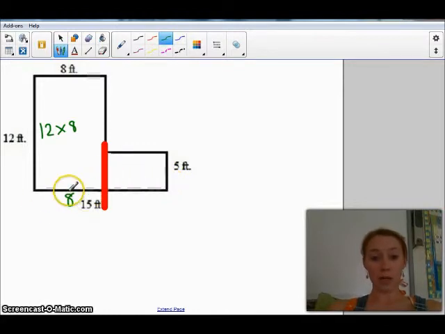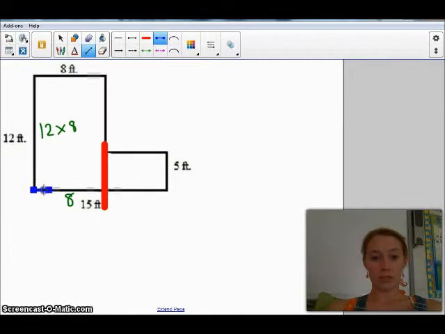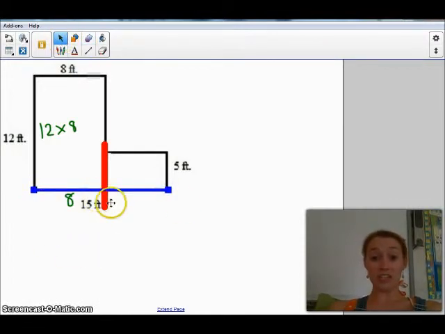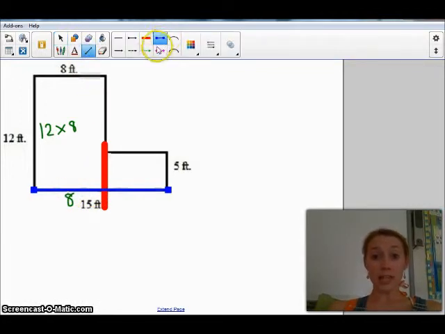And I know this part of this line, this big line, see this big line right here? Let's color that line. See that line right there? That whole thing is 15. Well, this part is 8. Just that part right here is 8 feet.